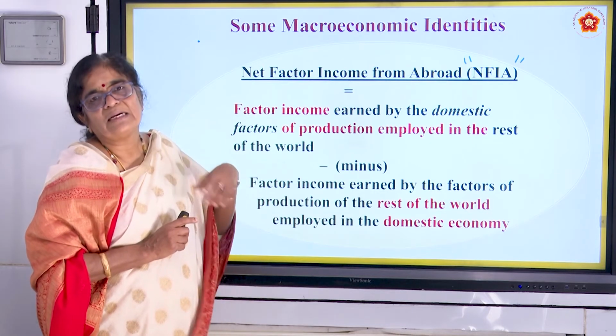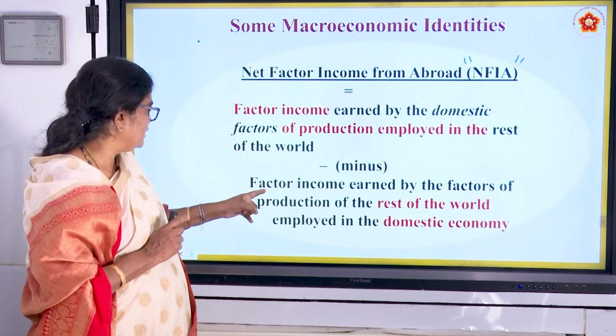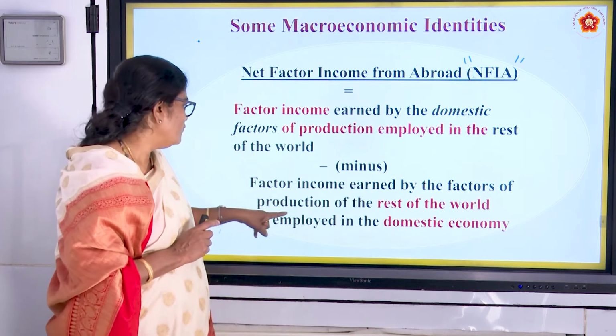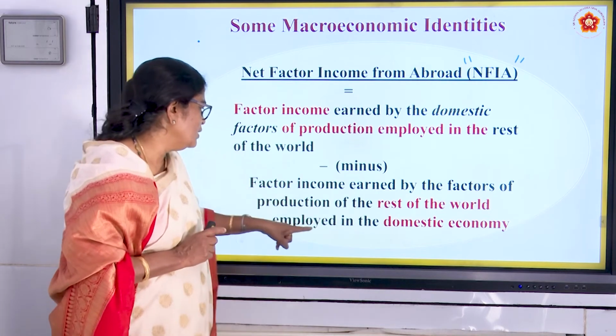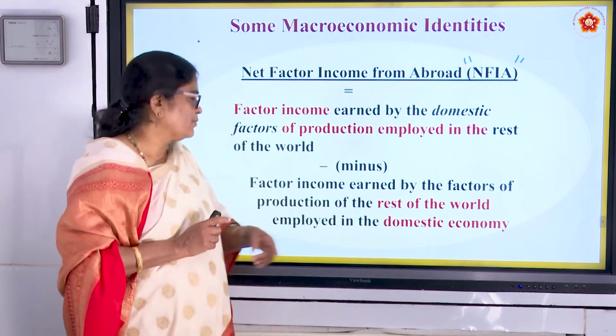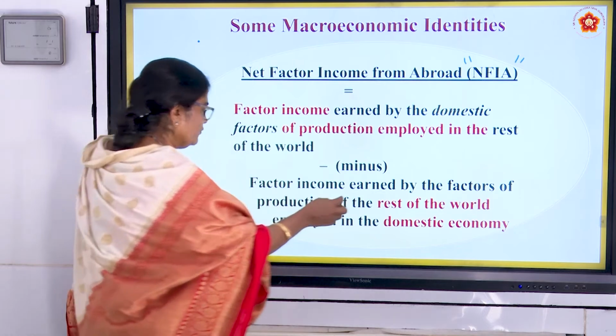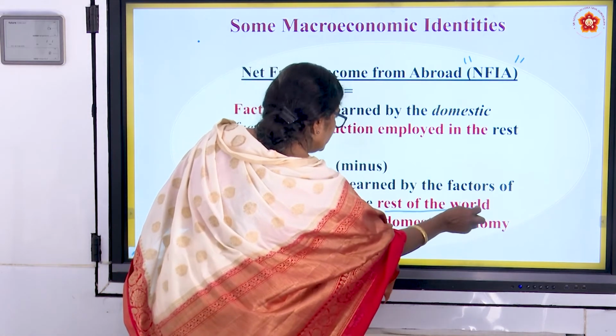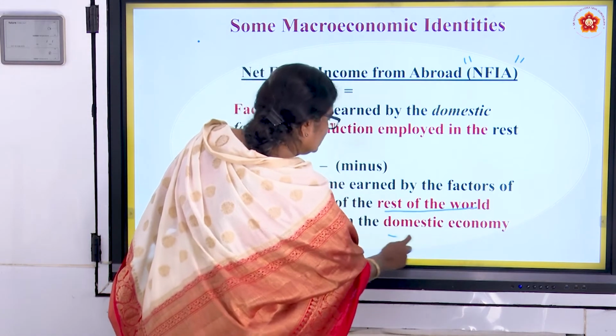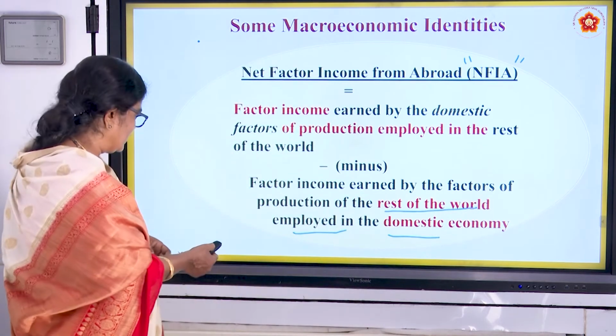Those profits are deducted from the GDP of India, that is, factor income earned by the factors of production of the rest of the world employed in the domestic economy. I hope you understood, you are clear about it.